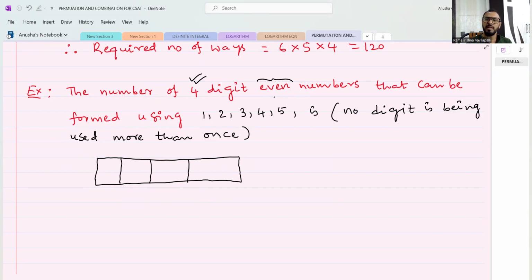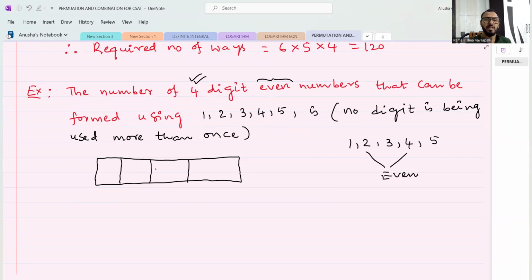A number is even if its unit place is an even digit, either 0 or 2 or 4 or 6 or 8. Out of these digits, we have 2 even numbers, and the remaining are odd.